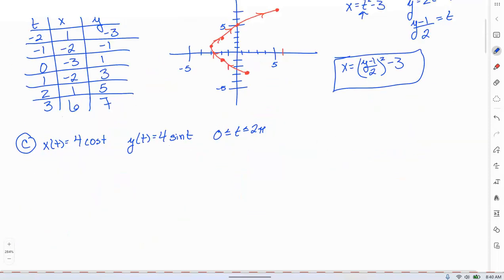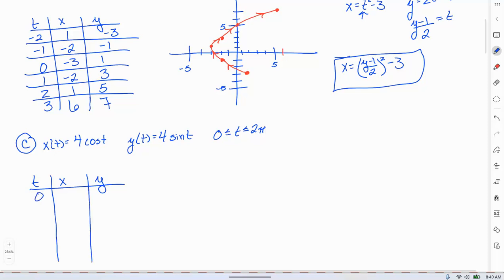Now, if you remember back to pre-calc, this is actually going to form a circle. And we're going to graph a few points, and I'm going to graph some of the nice points here. So I need a t column, an x column, and a y column.